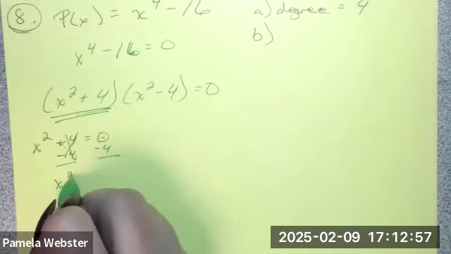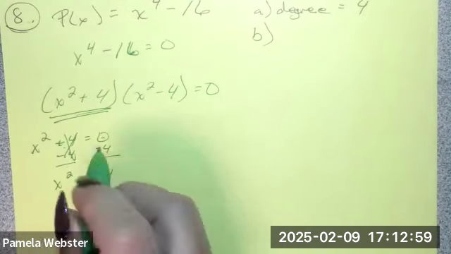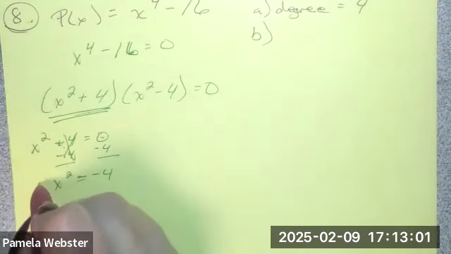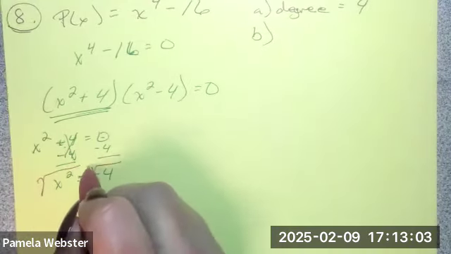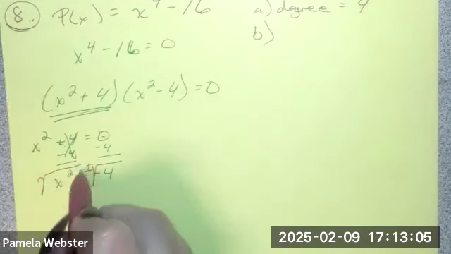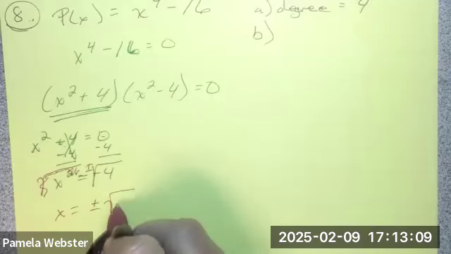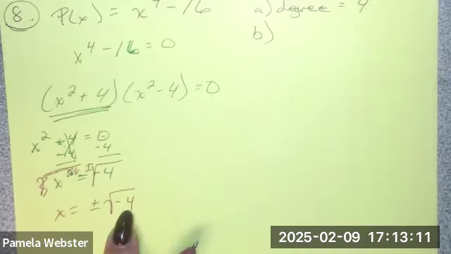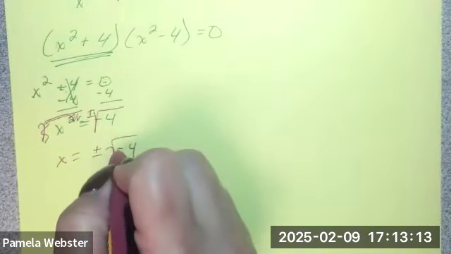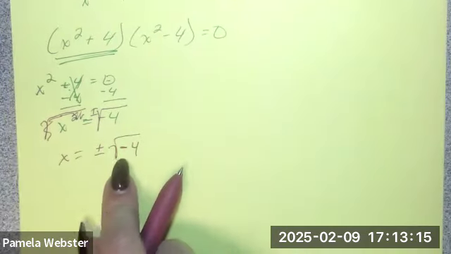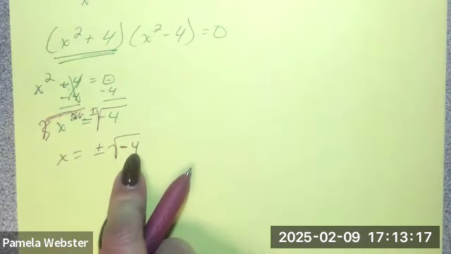X squared equals -4, and now take the square root of both sides, plus or minus. X equals plus or minus the square root of -4. That's where we've been saying, when you have a negative number inside a square root, you have an issue.